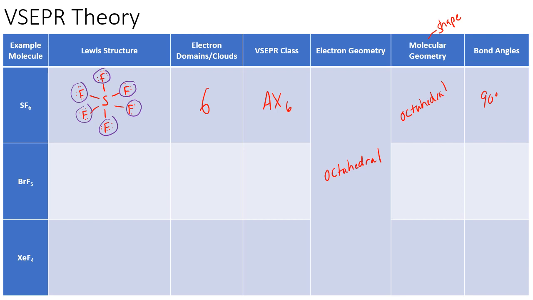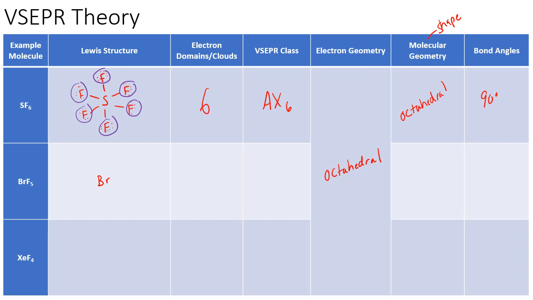Now let's replace one of our bonding domains with a non-bonding domain. We're going to use BrF5 as an example molecule. And all the bonding domains are equal in an octahedral molecule, unlike with a trigonal bipyramidal where we replaced the equatorial positions. Since the bond angles are all 90 degrees apart, it really doesn't matter which one we replace.